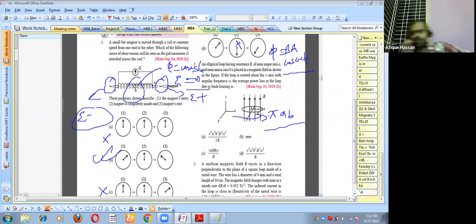Here you have to find power, right? So first you will calculate EMF from d phi by dt.